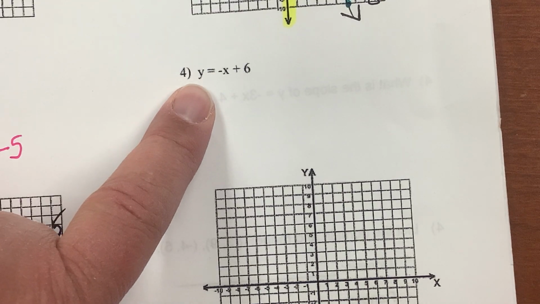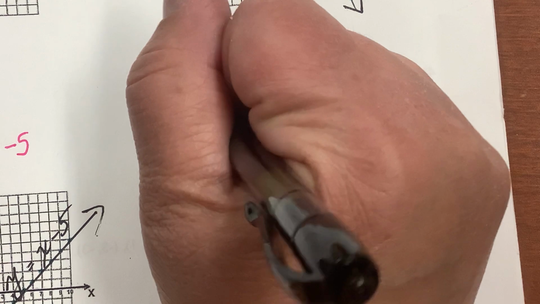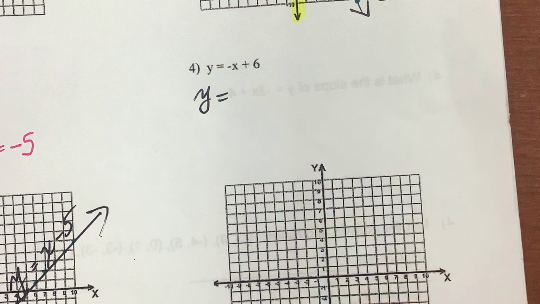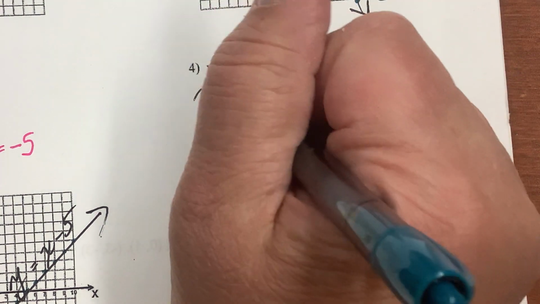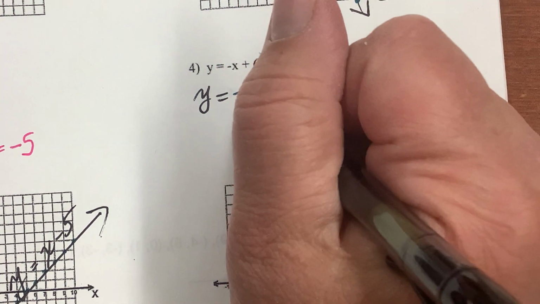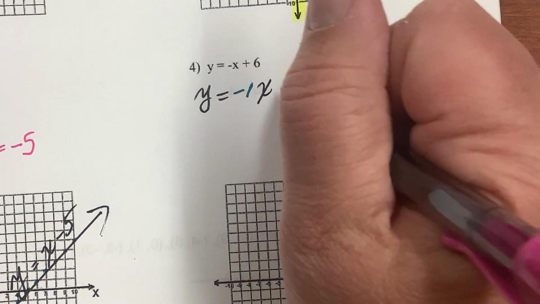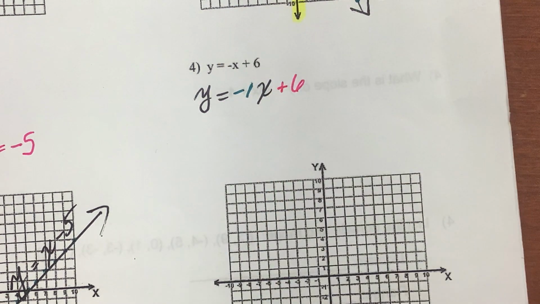Oh, bah humbug, maybe I don't love this one. So I'm going to rewrite that also. y equals, and look at this, negative 1x plus 6. All right.